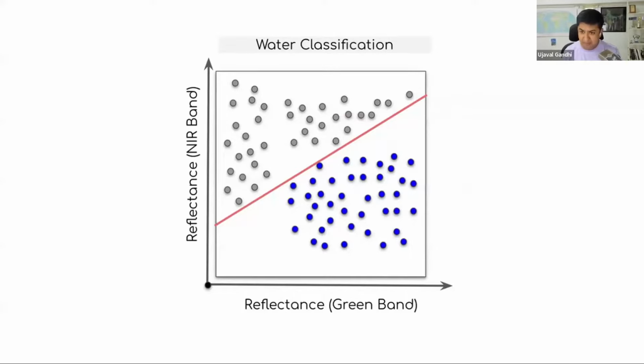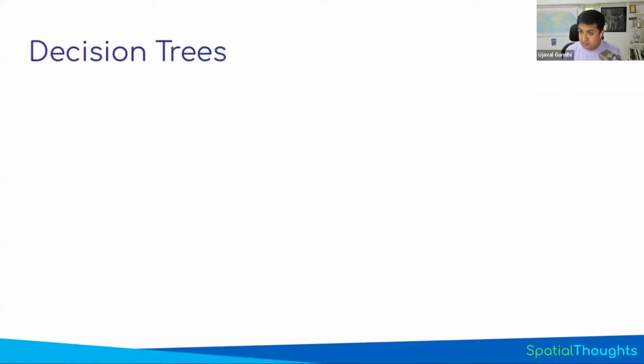SVM was quite popular. Even today, some people use it, but over time a new algorithm was developed, which uses something called a decision tree. It is currently the most popular machine learning algorithm used in remote sensing problems because it's ideal for multi-class problems, and most of our problems are multi-class. You want to classify the image into water, agriculture, forest, urban, and so on.